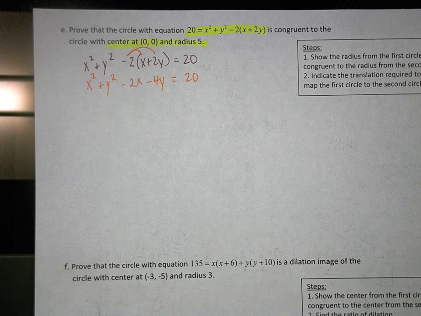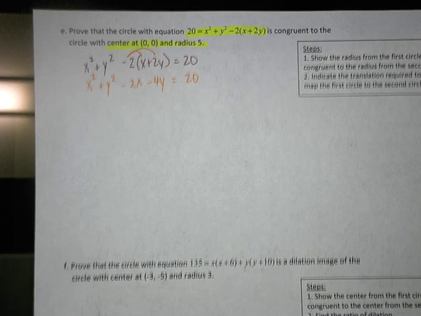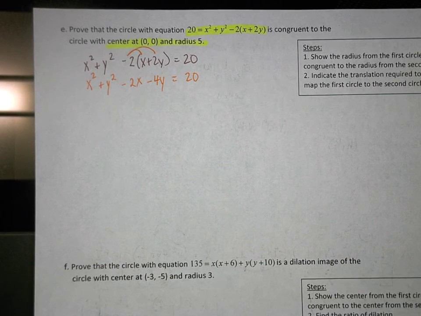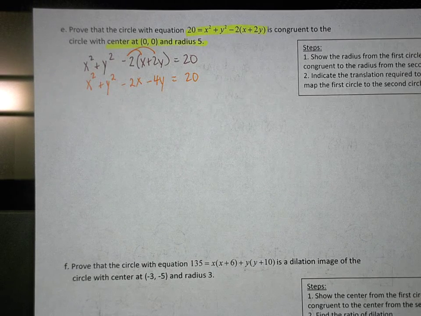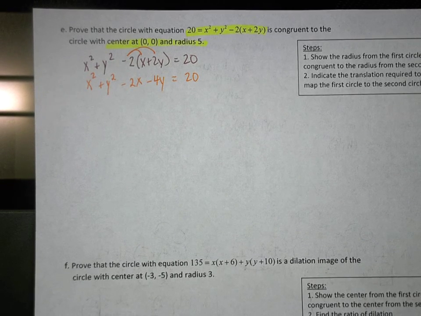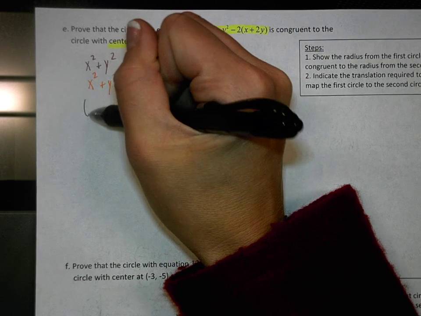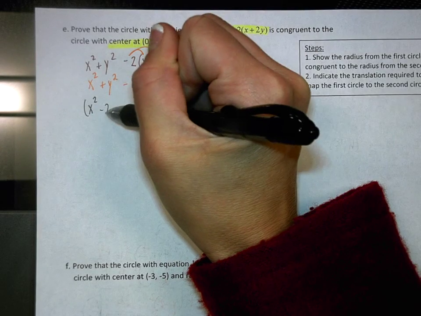So go ahead and put that into the correct equations here. Okay, so the first parenthesis should be x squared minus 2x plus blank.